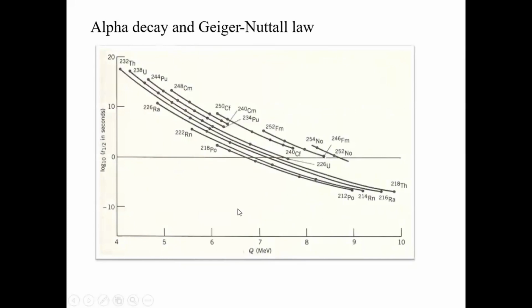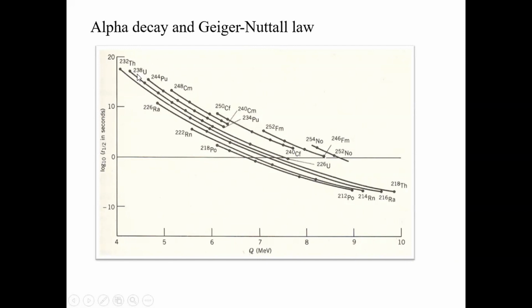Geiger-Nuttall's law states the logarithmic behavior of the half-life: as we increase the Q, the half-life goes down. So the more energetic the alpha particles emitted, the shorter the half-life. And when relatively low energy alpha particles are emitted, the half-life is large.